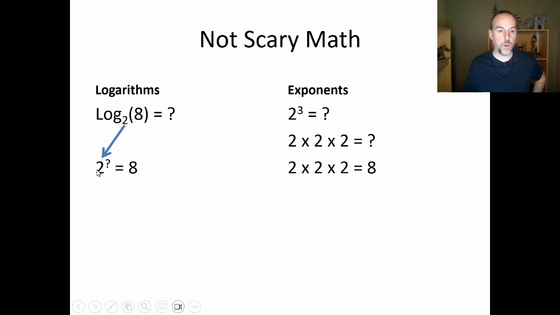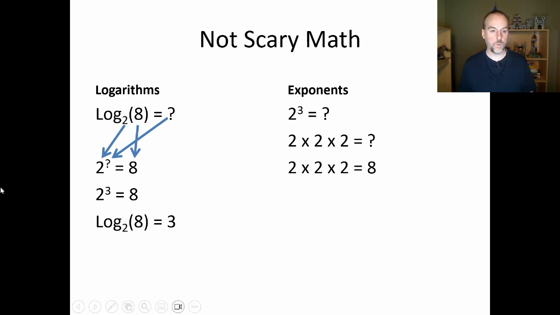So it's going to be 2. What we're trying to solve is the exponent in this equation, so that comes down there. And the 8 in brackets, that's the solution when we rewrite it as an exponent. So when you look at a log, you can rewrite it as an exponent to make it easier to solve.